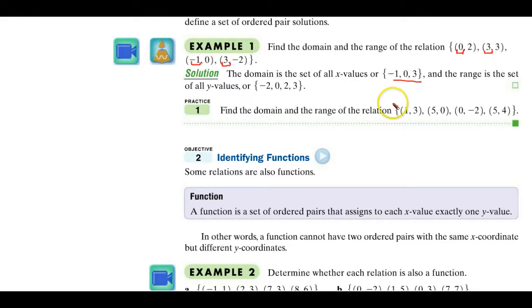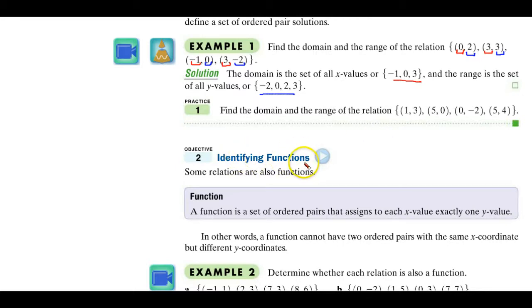We only write it once. Now the range would be the y elements, a 2, a 3, a 0, and a -2. Now notice none are repeated, so we would write all 4 of them.